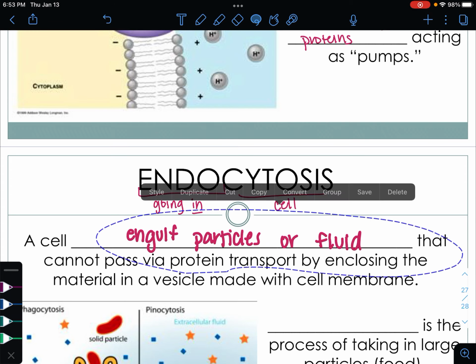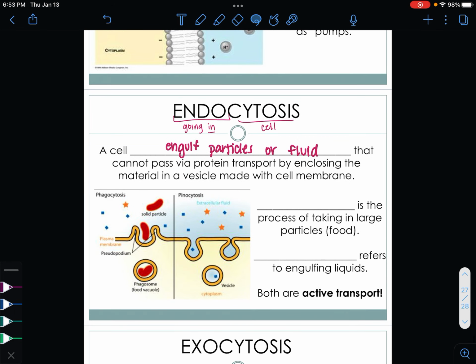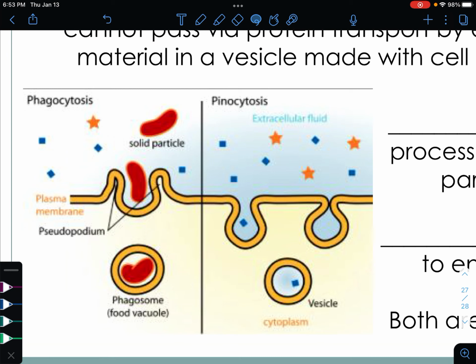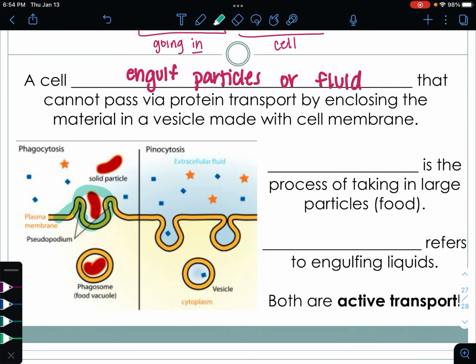If we take a look at this picture right here, we can see that our cell membrane is forming what is called a vesicle, this area right here. It's forming around what it wants to bring into the cell, and it brings it in. Engulf means kind of like swallow. So it's swallowing whatever it wants to bring into the cell using the plasma membrane, and then it will suck it into the cell.